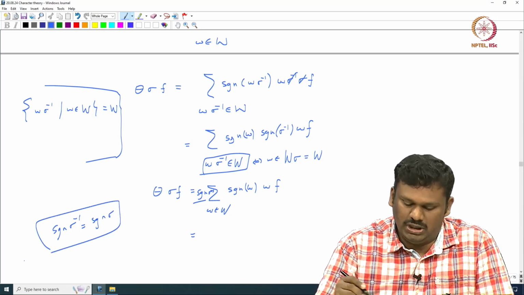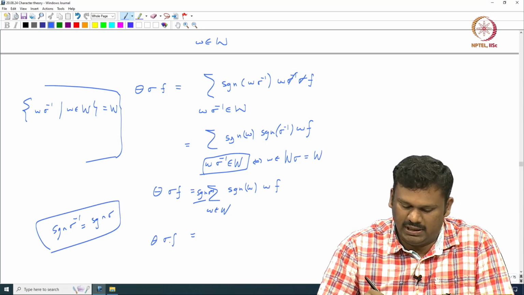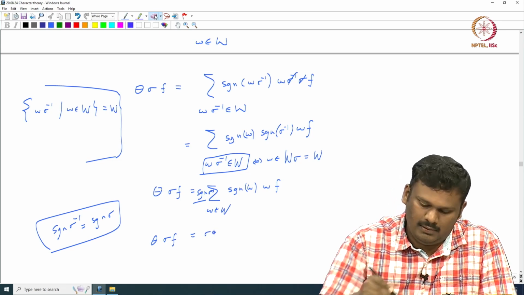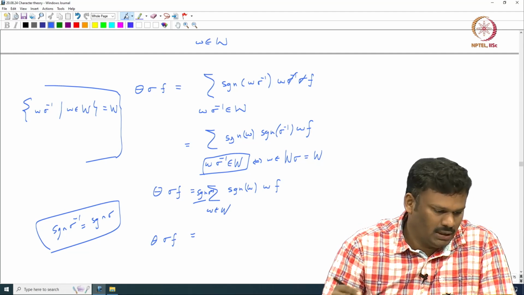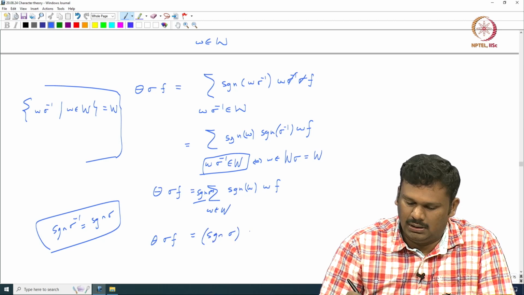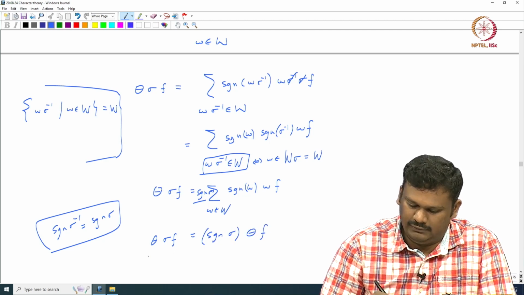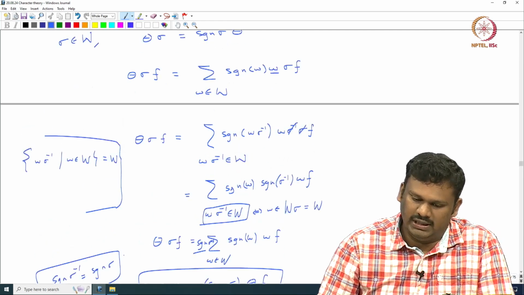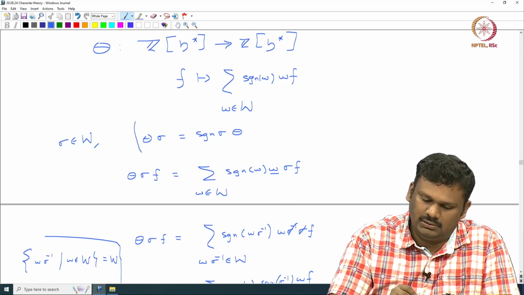So, that does not change. Then theta sigma f is nothing but sine sigma times this theta f.